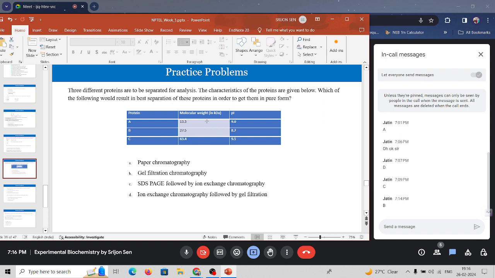Here you have the molecular weights of 13.3, 27.5 and 63.4, and the pI is 9, 8.7 and 9.5 respectively. So what would you do in this scenario?